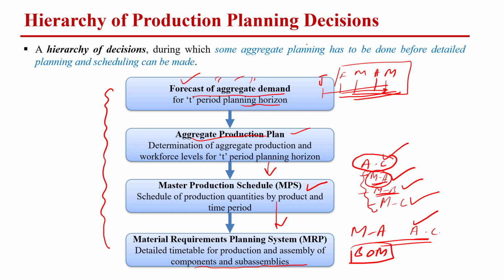But nowadays, because we are making stepwise, independent decisions, where one decision is the input of the next decision, people are talking about whether we can integrate these decisions together, which we will talk about later. But right now, this is the usual way to develop the production plan.